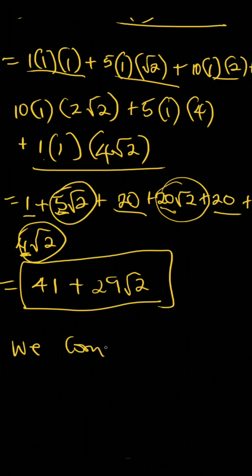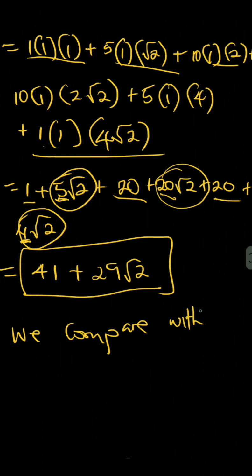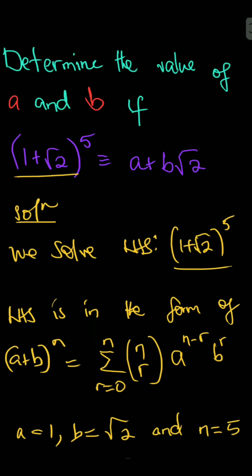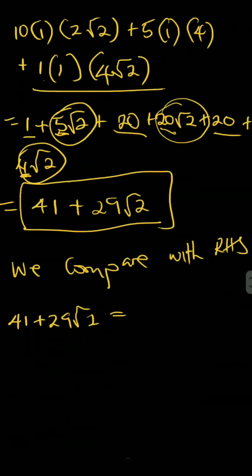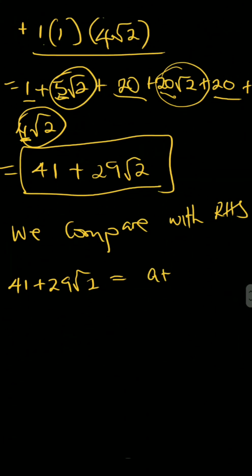Now since this is what we got after solving the left hand side, we're going to compare this with what we have in the question for the right hand side. So we write the left hand side, then you get to the right hand side, which is a plus b square root of 2.